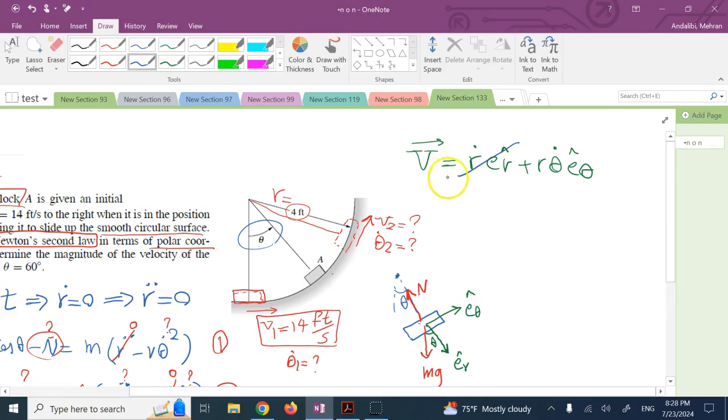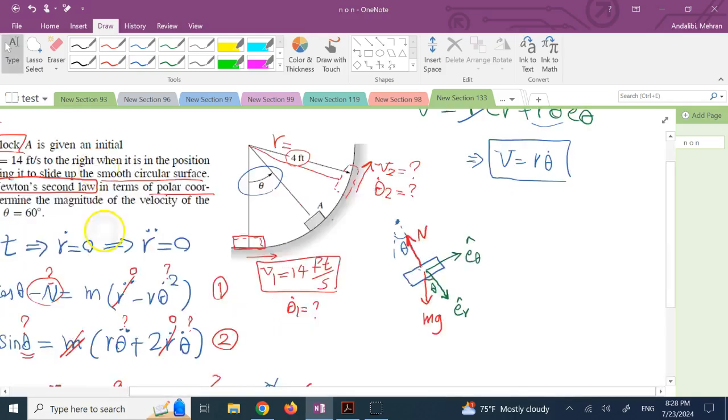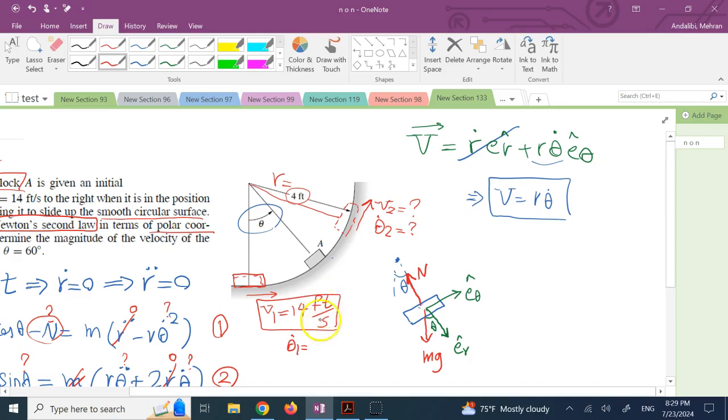And there is no z, so clearly the magnitude of the velocity, the speed v, is simply equal to the transverse component, r theta dot, which is the same as the circular motion formula: v equals r omega, or r theta dot. So if I want theta 1 dot, all I need to do is divide v1 by r. So I divide that 14 by 4, and I get 3.5 radians per second.